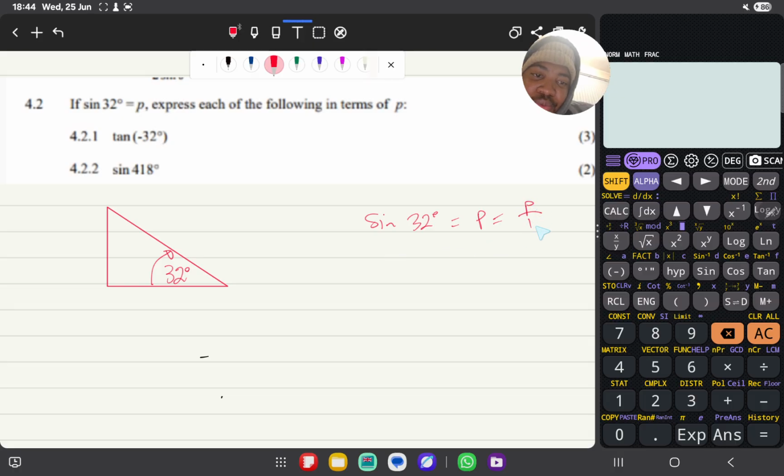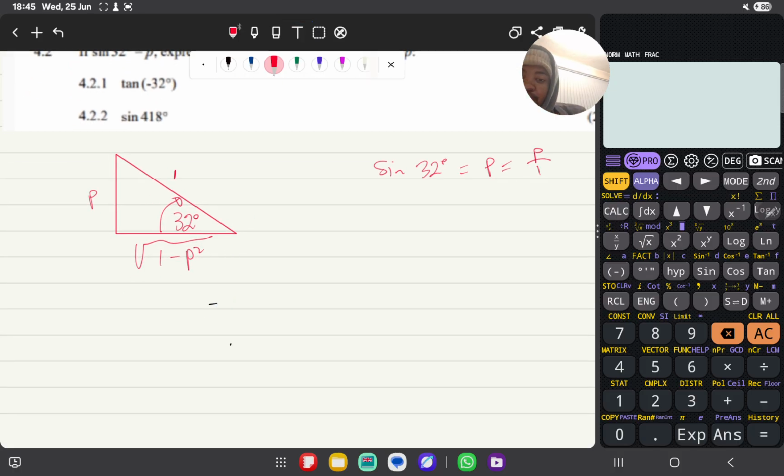Sine is opposite, which is p, over hypotenuse, which is 1, and by the theorem of Pythagoras, the adjacent side is the square root of 1 minus p squared. You need to show this on your answer sheet as well, with your working using the theorem of Pythagoras.